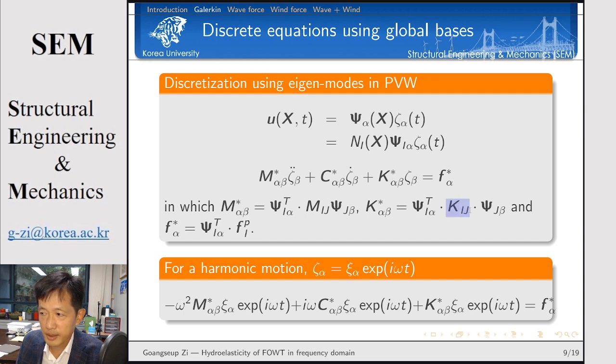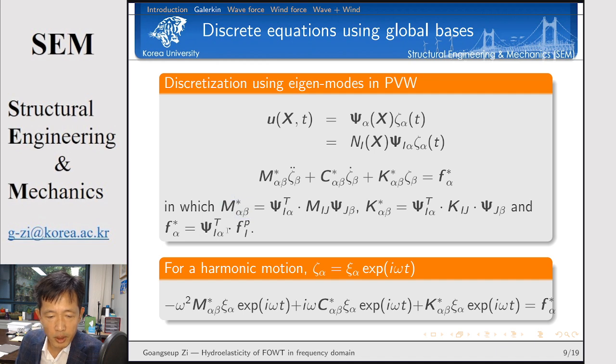This is the stiffness obtained from the conventional finite element method, and if we multiply the modal displacement in front of the stiffness matrix and behind the stiffness matrix, then we can obtain the modal stiffness matrix, and also the modal mass matrix similarly.